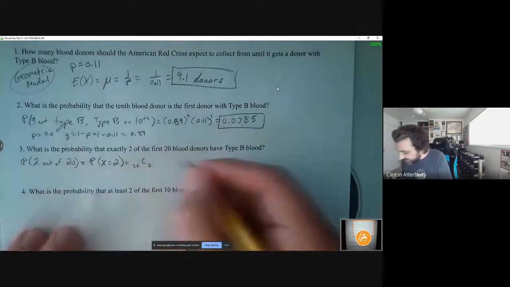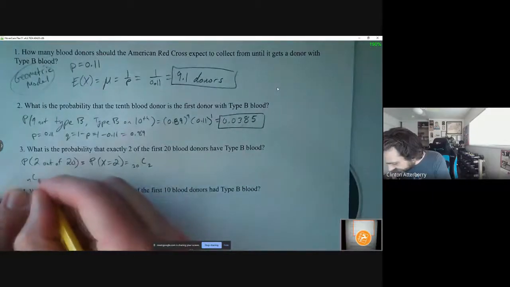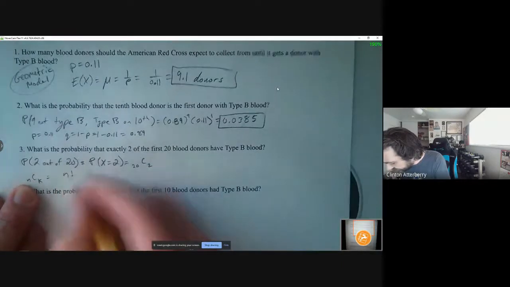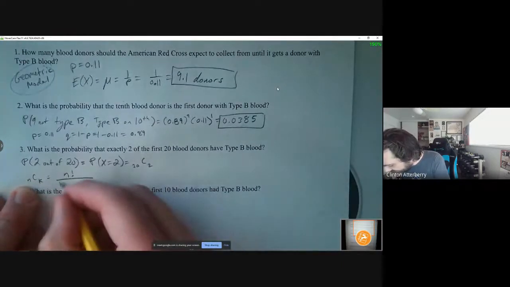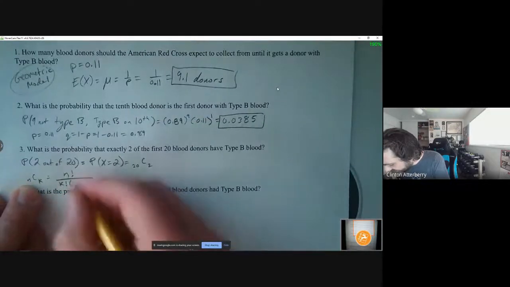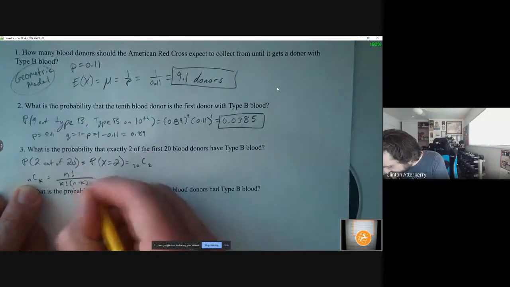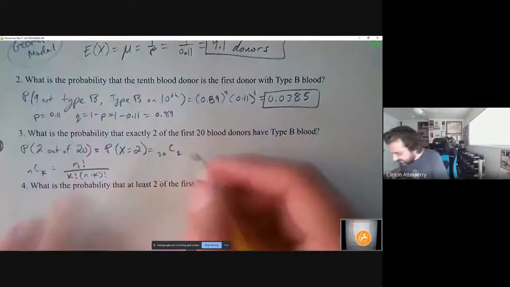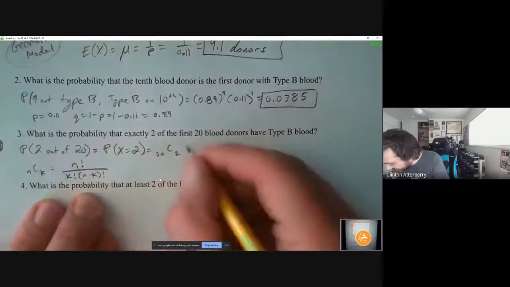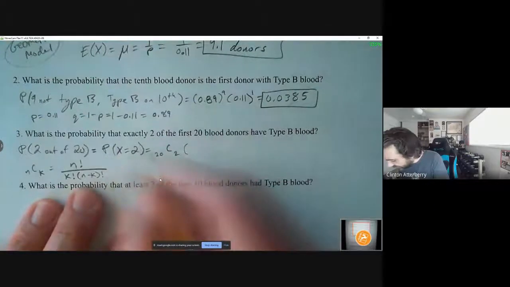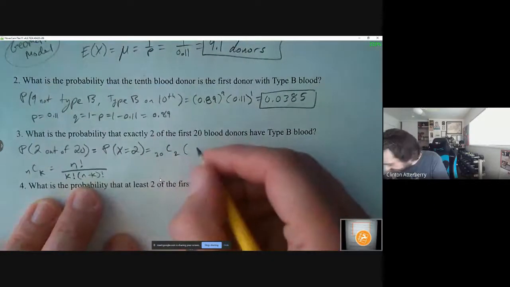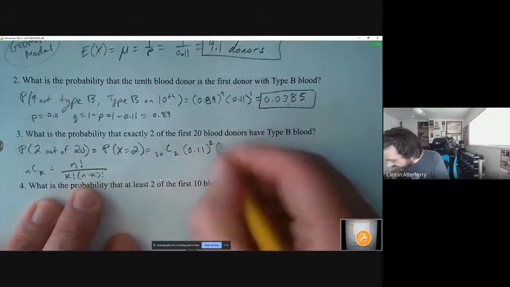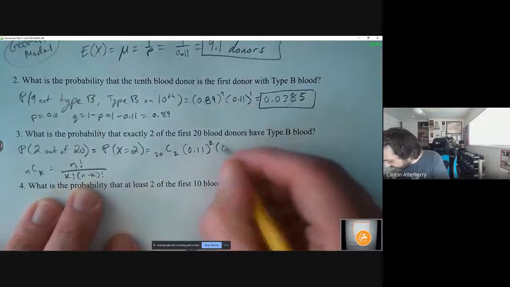Okay, and remember when we had the NCK, it was the N factorial on top, and then it was the K factorial multiplied by the N minus K factorial. Okay, and then this is going to be multiplied by how many successes that we're looking for, right? The 2. So it's going to be successes, which is 0.11 to the second power. This times the failures, with the non-type B blood, so 0.89.